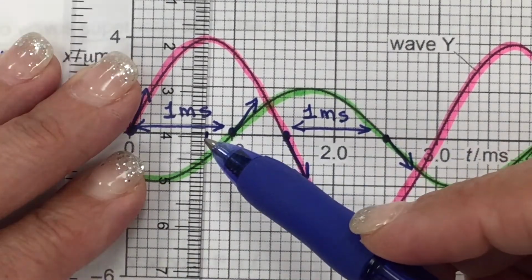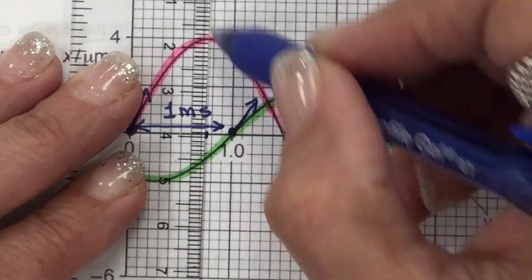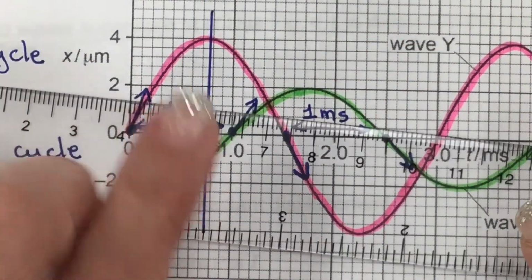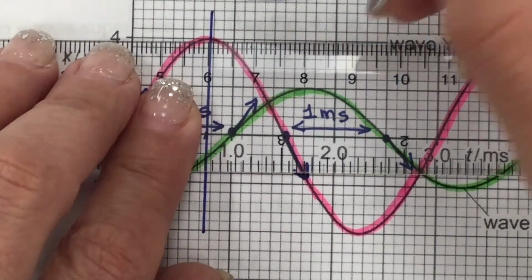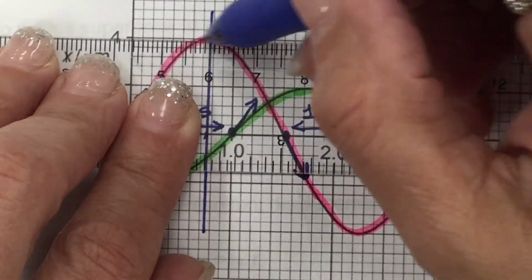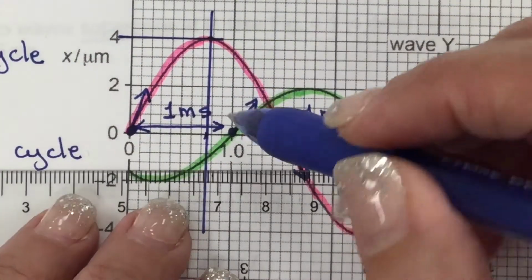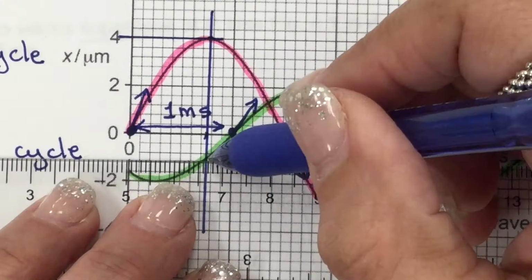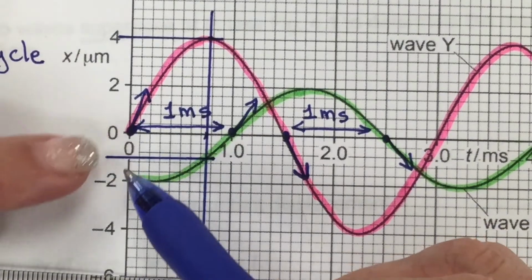Now draw a vertical line that connects both waves, the pink and the green one, like this. Now find the corresponding value where this line connects to the y direction. So right here is 4 micrometers, and this is right here, between 0 and -2.